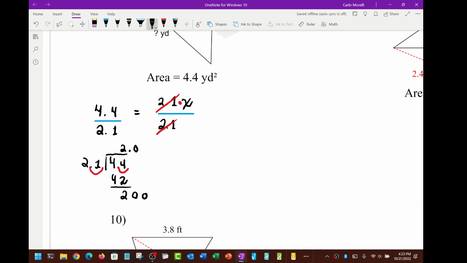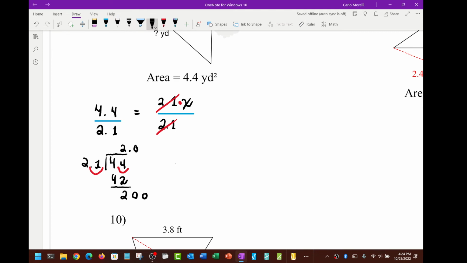And now I've got to think about 200. And so if this number is bigger than 5, I'll have to round that 0 up to a 1. And for sure it's going to be bigger than 5 because 20 times 5 is 100. So this is going to be closer to like 9 or something. So I don't even need to compute it because I know it's going to be bigger than 5.